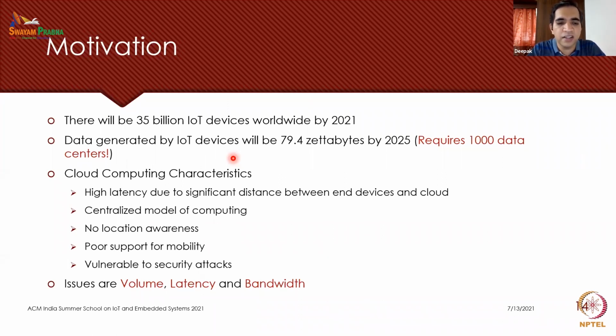In short, summarizing the main three aspects that motivate moving from a cloud computing model to something a little bit more distributed are these three: the volume of data, the latency that data experiences, and the bandwidth. These three aspects do not fare well when we are looking at the cloud computing model.